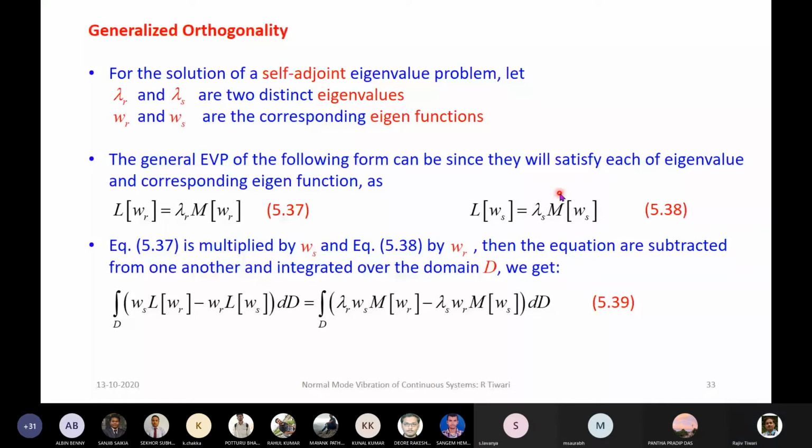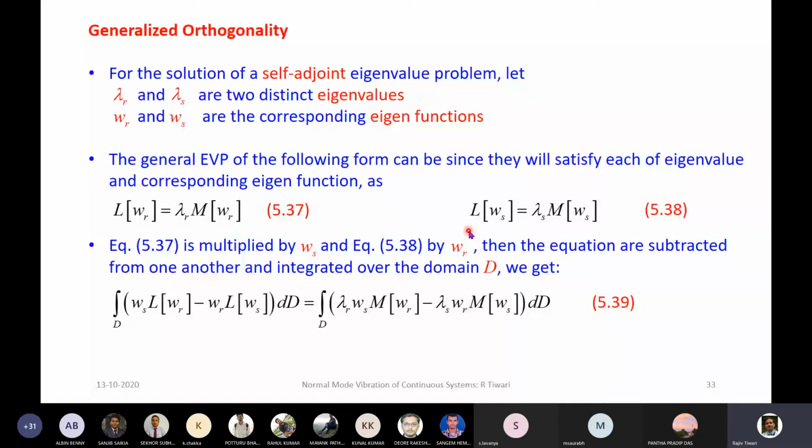So now we will multiply this first equation with the WS, the other eigenfunction, and the second equation, both sides, will be multiplied by the WR, and then we'll integrate this over the domain. Domain means over the length of the beam or over the area of the plate or like that.